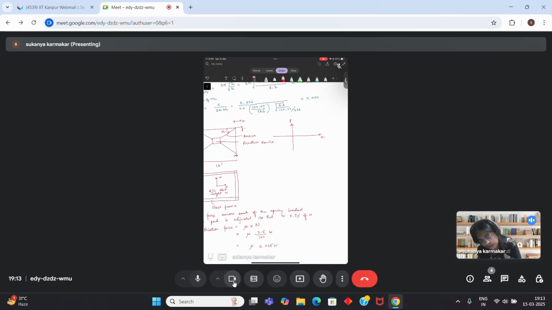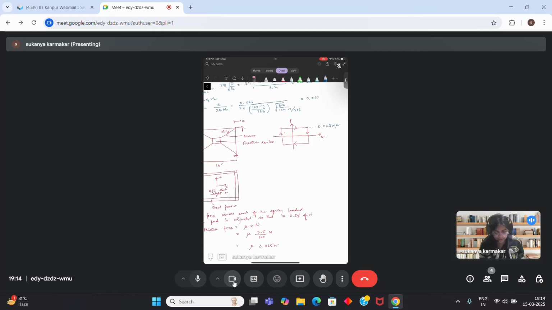Since it's a friction device, you might have seen such a diagram in the lectures. This slip force is equal to 0.025 W into mu.